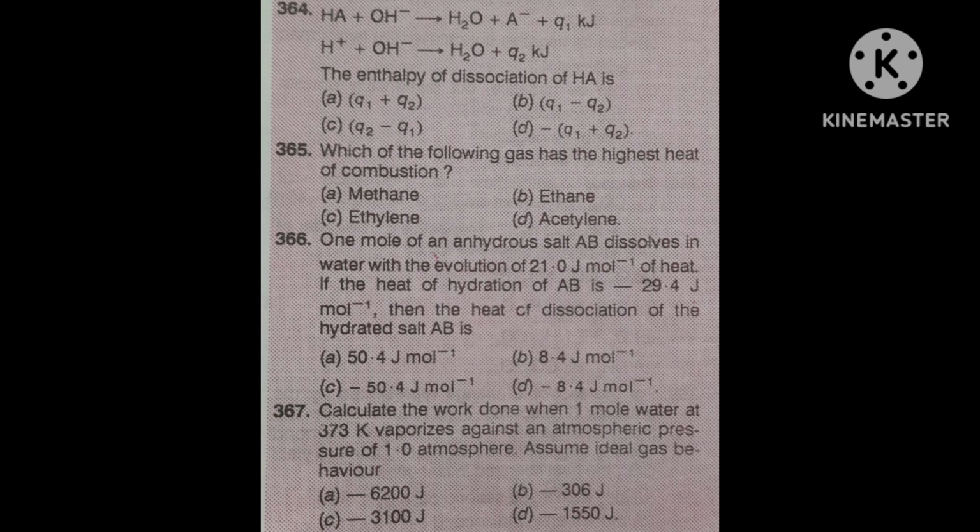If density is 1, then both will be equal, and volume will be 18 cc. Correct? Density is mass by volume, and density is 1, so mass is equal to volume. That is the first concept.